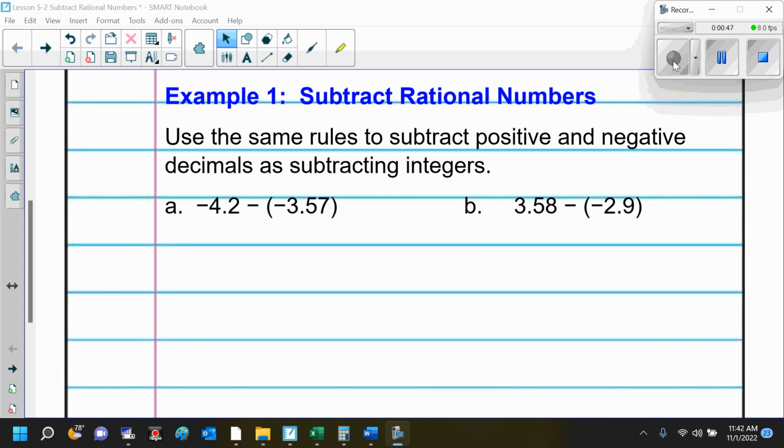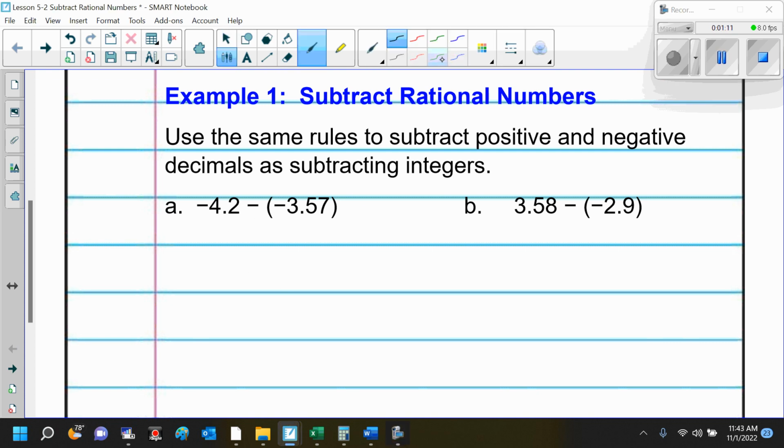All right, example 1 is subtract rational numbers. We want to use the same rules to subtract positive and negative decimals as subtracting integers. Okay, and I just reviewed that with you. So here we have a negative 4.2 minus a negative 3.57. So here we're subtracting.